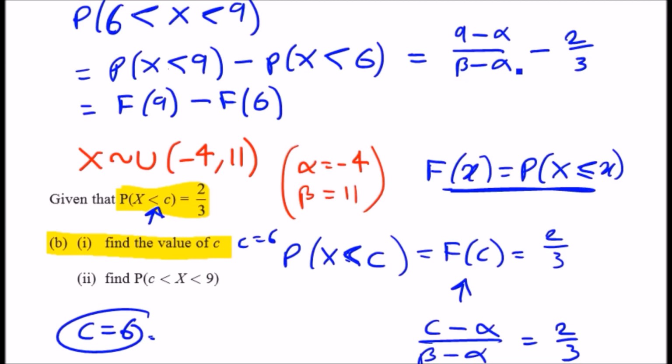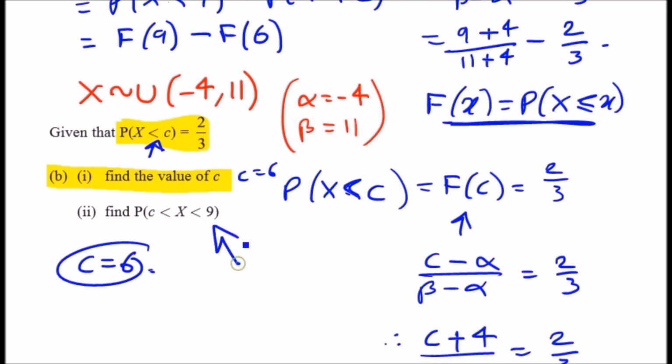So it'll just be (9 plus 4) over (11 plus 4) minus 2/3. So smash this in your calculator, guys, and we're done. So 13 over 15 minus 2/3. Yep, and I got 1/5. So this solution here is 1/5.